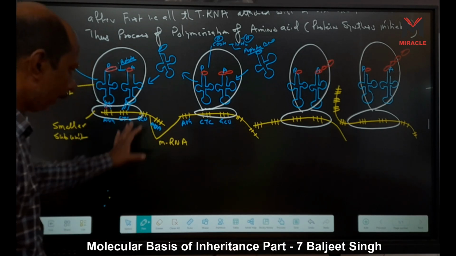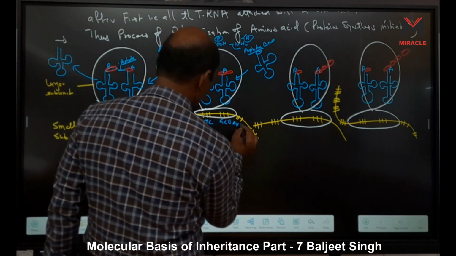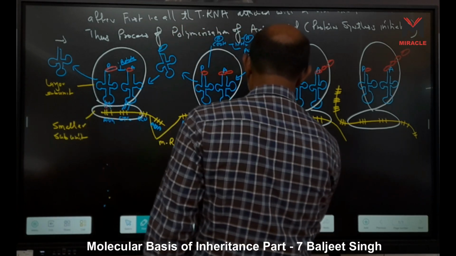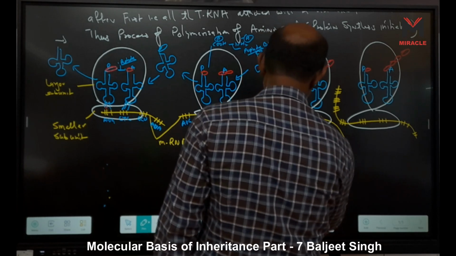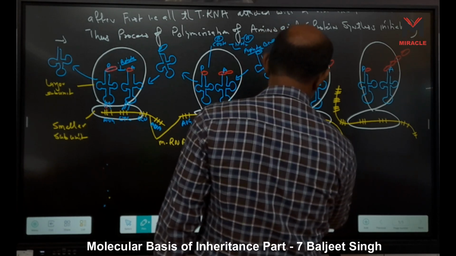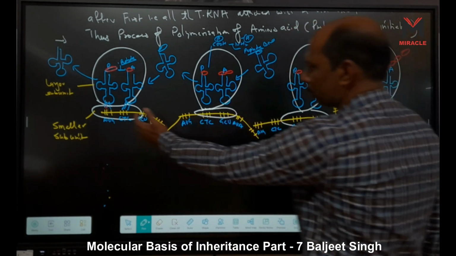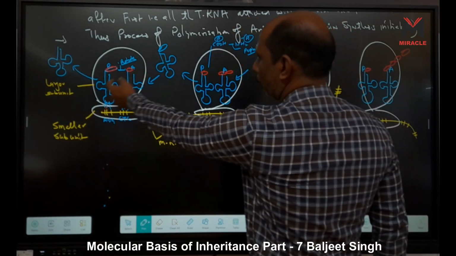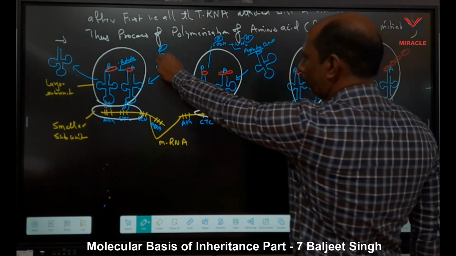So this one is AUG, second is CTC, third is GCU, AUA. You understand what happens here. First AUG, then it moves and AUG comes out, removed. Then CTC, then the second one is removed.